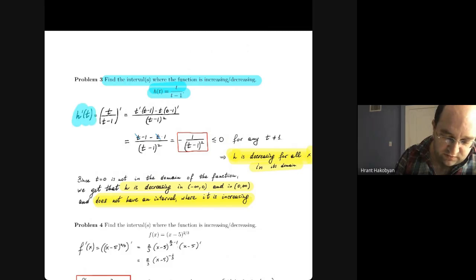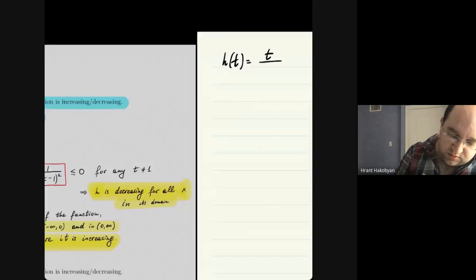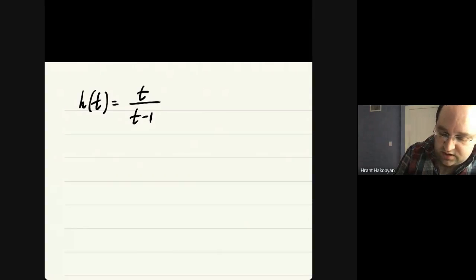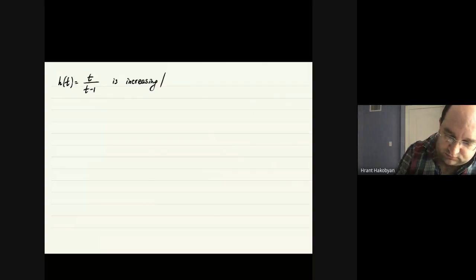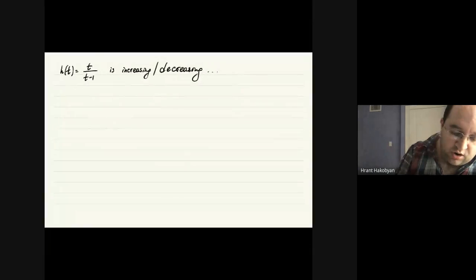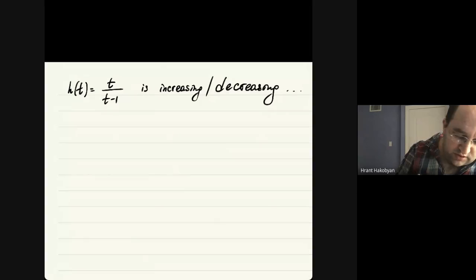I have to find where h(t) equals t divided by t minus 1 is increasing, decreasing, etc. So again, we have to take the derivative.